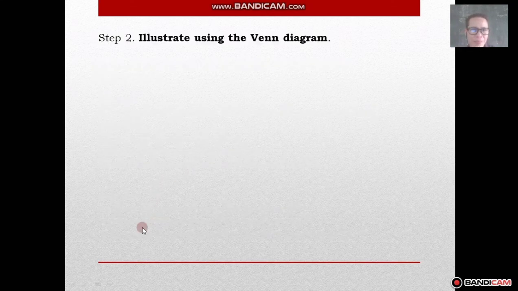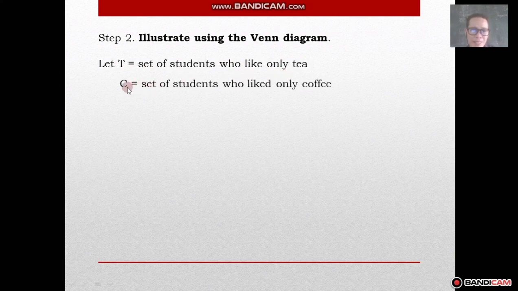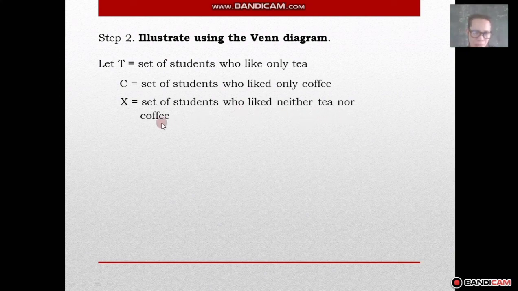Now step 2, illustrate using the Venn diagram. But before that, we will let T equal the set of students who like only tea, C the set of students who like only coffee, and X the set of students who like neither tea nor coffee.